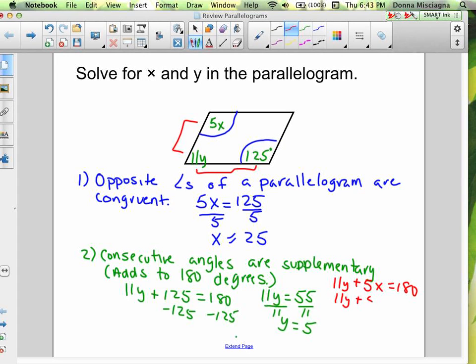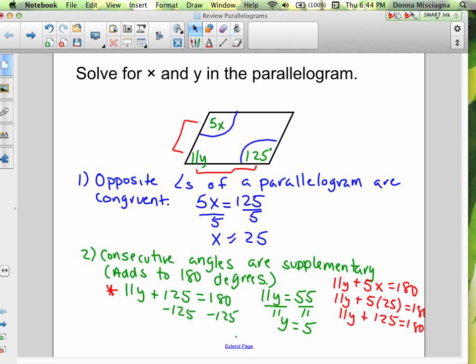Well, x is 25, and 5 times 25 is 125. And that's exactly what we have over here. So we would get the exact same answer if we finish solving out. All right, so just remember, opposite angles of a parallelogram are congruent. Consecutive angles are supplementary. Let's solve another problem.